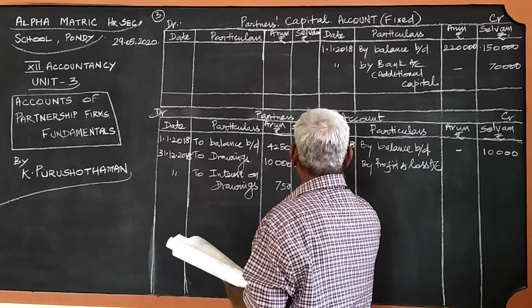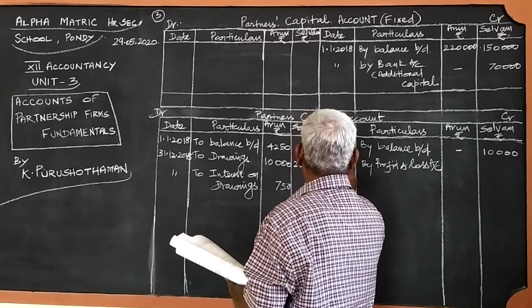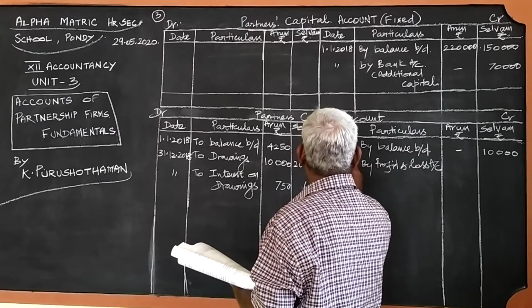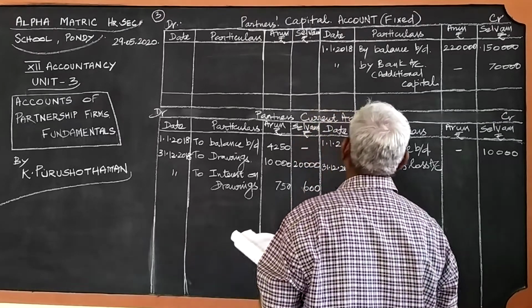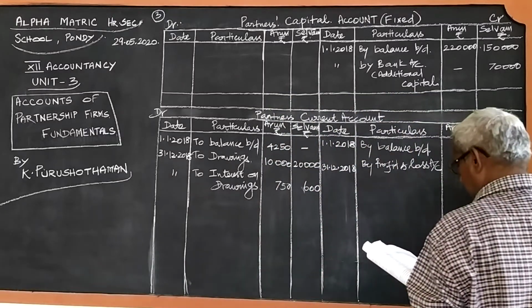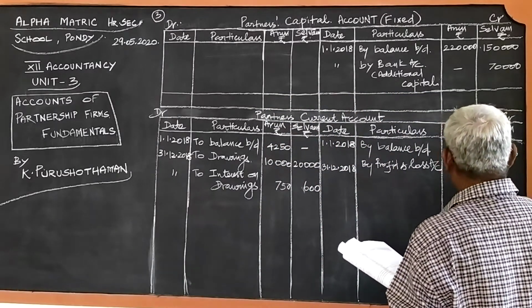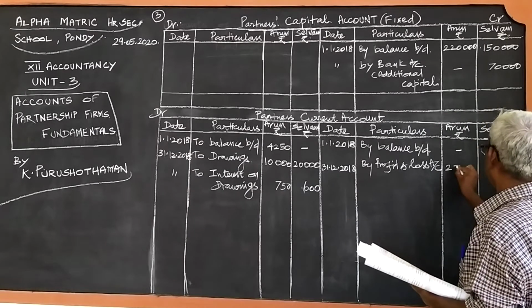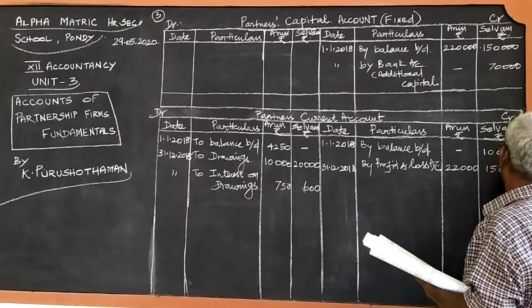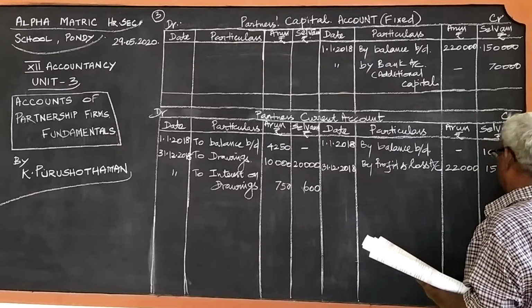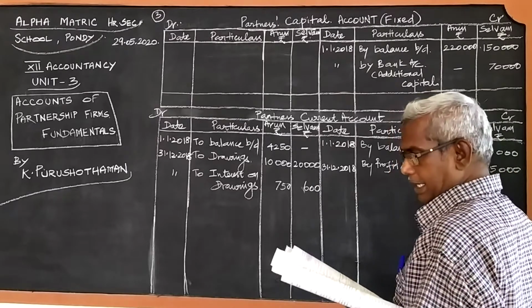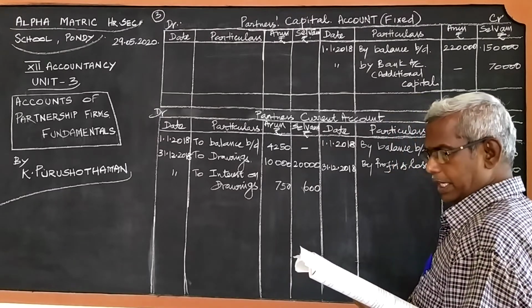This is 31/12/2018, by profit and loss account 22,000 and 15,000. Then the next item is interest on capital.